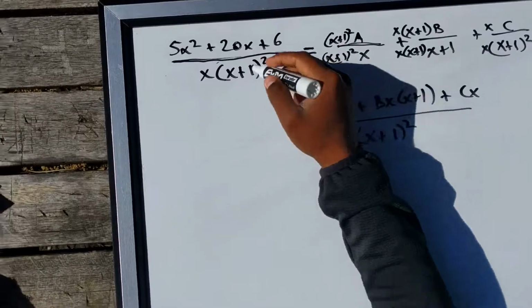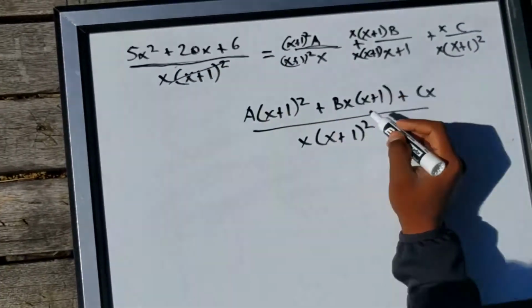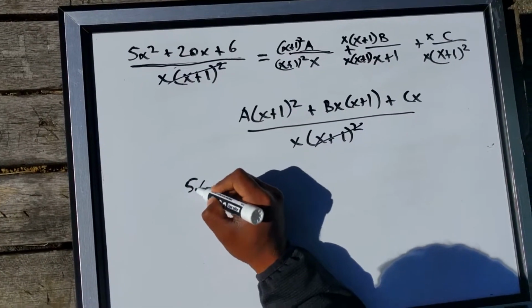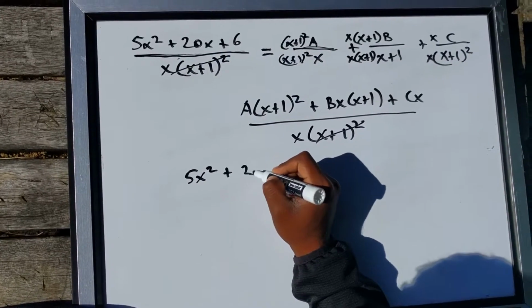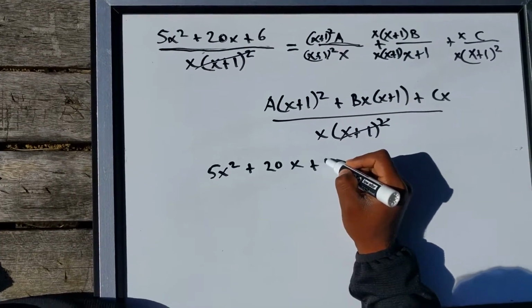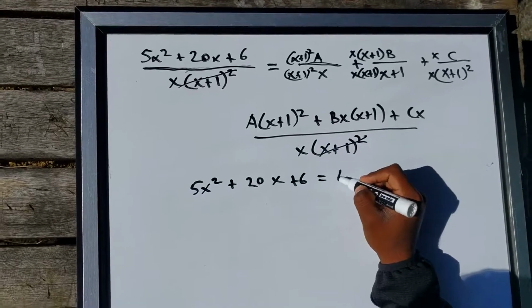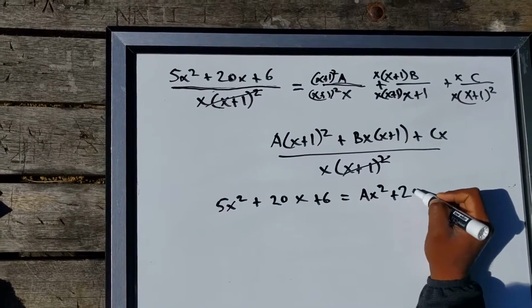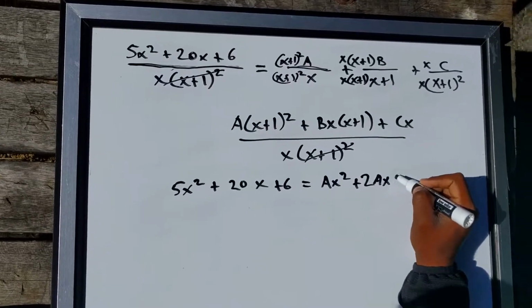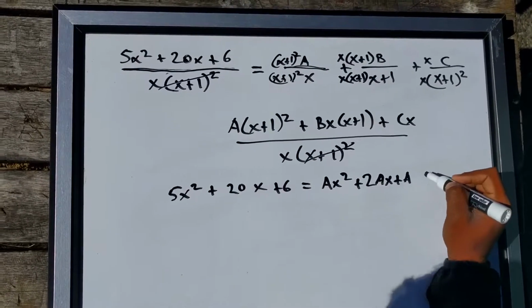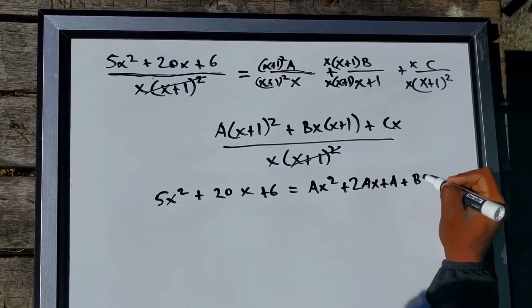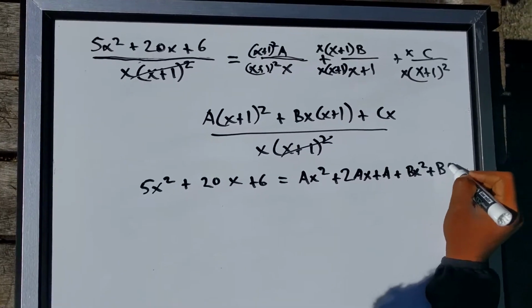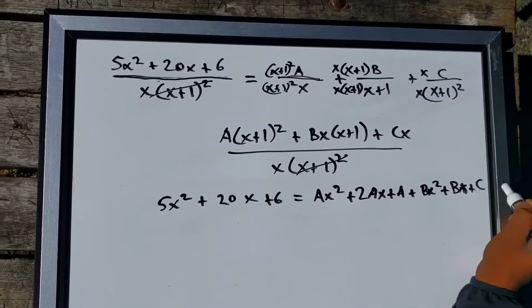Since we now have the same denominator, we can cancel these two out, and we will get 5x squared plus 20x plus 6 is equal to Ax squared plus 2Ax plus A plus Bx squared plus Bx plus Cx.